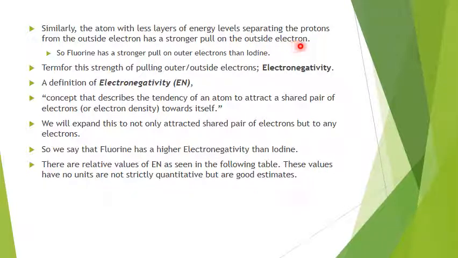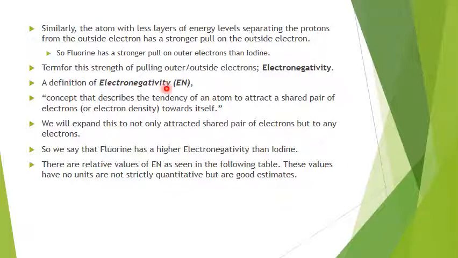than the outside electrons. So fluorine only has 2 layers, like the 2 sheets of paper, and therefore has a stronger pull on the electrons than iodine that has 5 layers in between. There's a term for the strength of pulling the outside electrons, and that's called electronegativity.